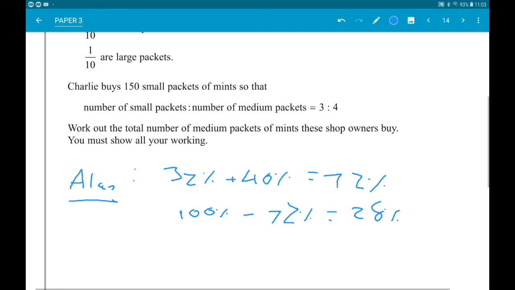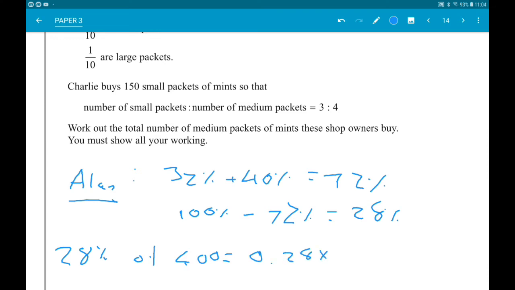So we then want to work out 28% of 400. Now it's calculator paper, so do 0.28 times 400. Now that is going to give us 112. So Alan buys 112 medium packets.